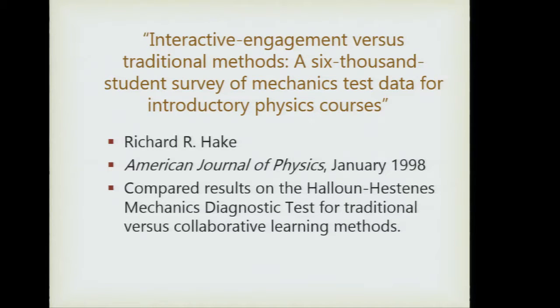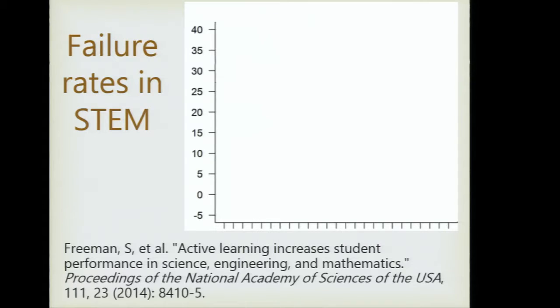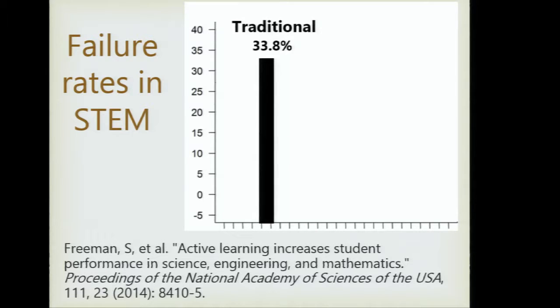And so I'll cut to the chase with a much more recent study. This one is from 2014. It was in the Proceedings of the National Academy of Sciences. And what Freeman found was, in essence, if you have a traditional mode of teaching, 1/3 of your students will flunk out of the class or the program. So it's that old idea of, hey, look to your left, look to your right, one of you is going to be flunking out of this class.